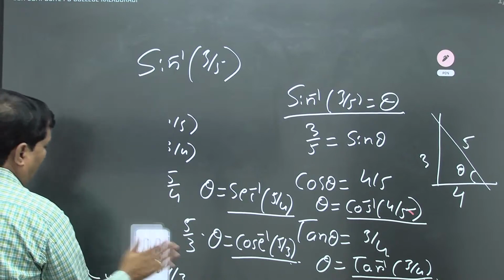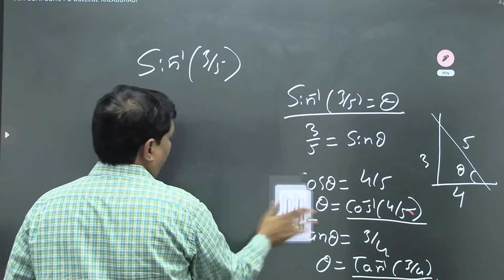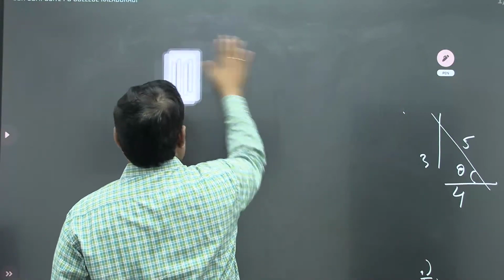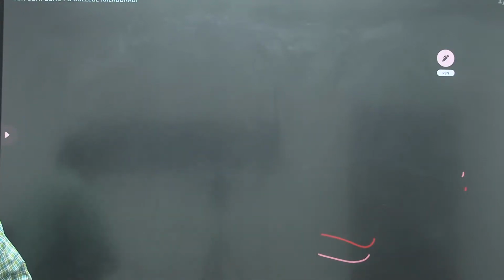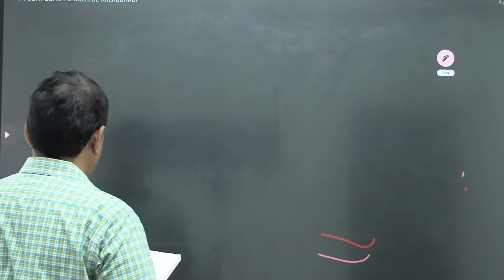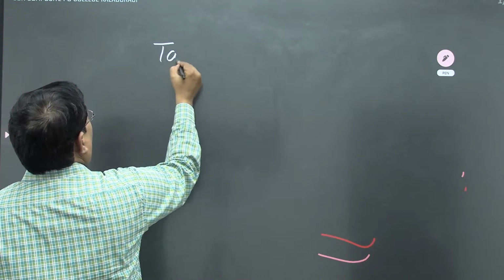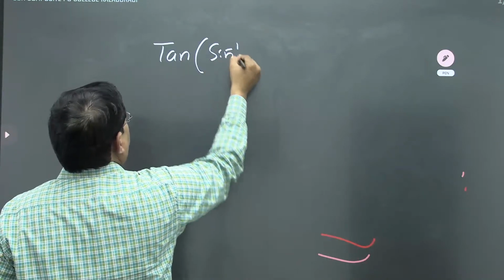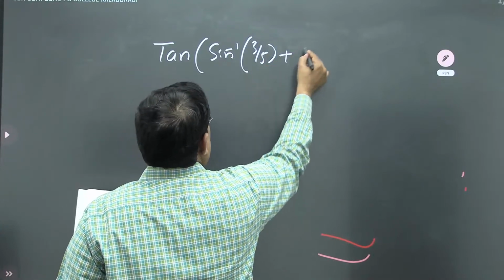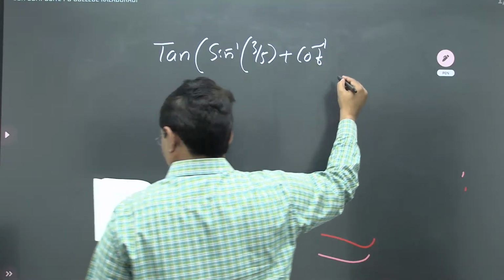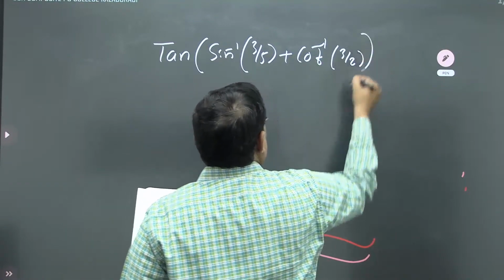Now, one example I want to solve. Find the value of tan of sine inverse of 3 by 5 plus cot inverse of 3 by 2.